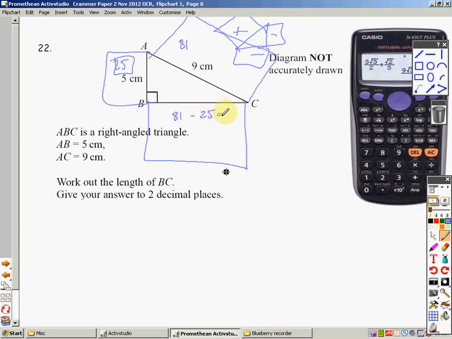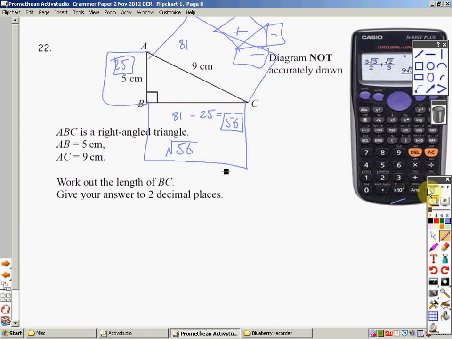I'll do that on the calculator now. 81 subtract 25 equals 56. So the square of this side is 56. I'm going to need the square root of 56 to find the length. So I'm now going to press square root on my calculator, and square root is that button there.